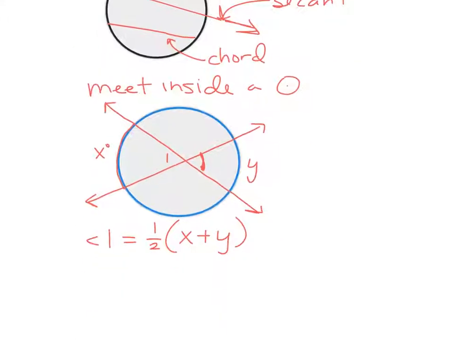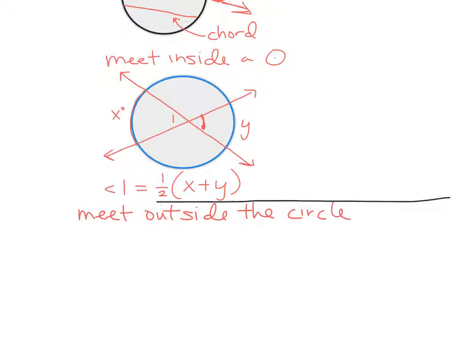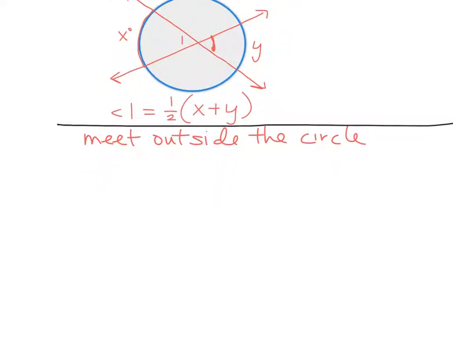But this is if they meet outside the circle. Okay, so if they meet outside the circle, we're going to start with 3 circles here and just look at what we can do with them.